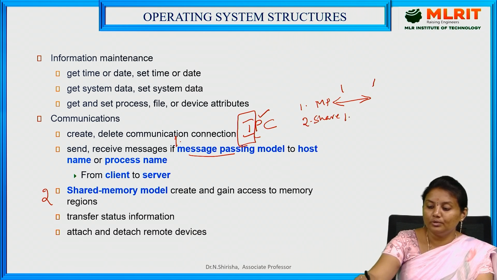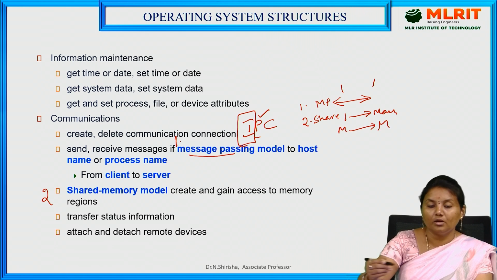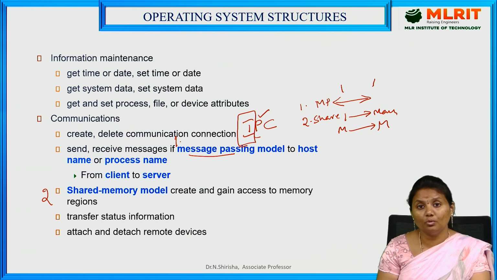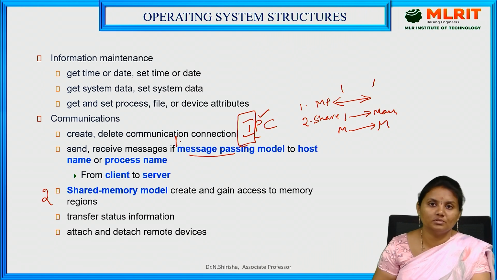1-to-many or many-to-many is also possible. That is shared memory. Suppose you are sending messages in a WhatsApp group: one person sends a message within the group, which is shared among all the users in the group. That is shared memory.